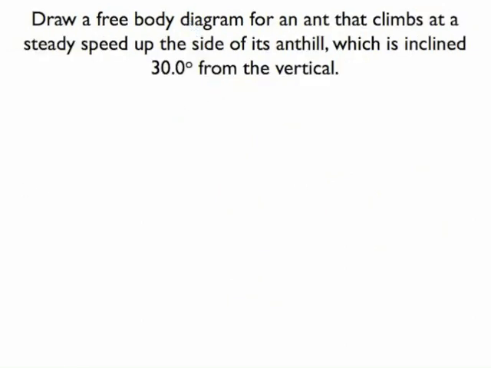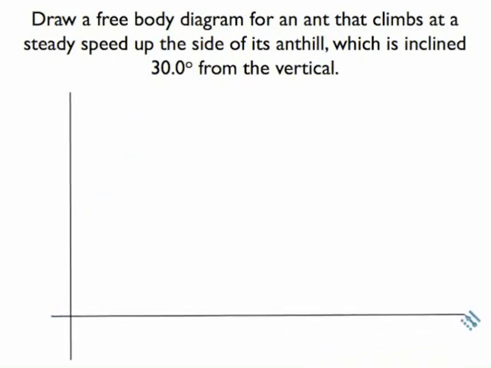Okay, so in this one, we want to draw a free body diagram for an ant that climbs at a steady speed up the side of his ant hill, which is inclined. So the first thing I'm going to do is draw a little plane right here. And it says that it's inclined 30 degrees from the vertical, which means we're going to go out 30 like this.